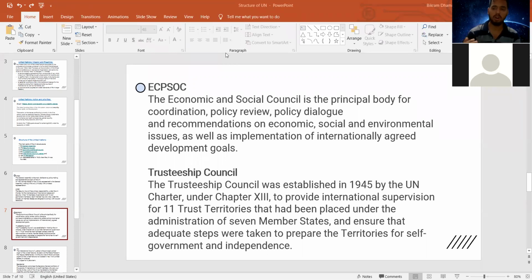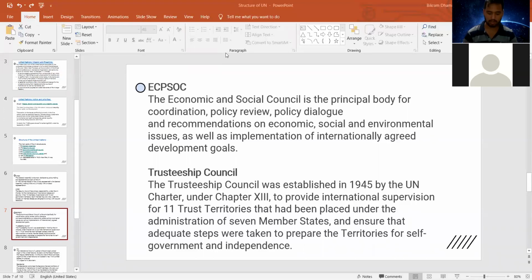It coordinates, reviews policies and other dialogues and recommendations in the economic sector. It advocates in social sectors and on environmental issues such as climate change and global warming, as well as the implementation of internationally agreed development goals.